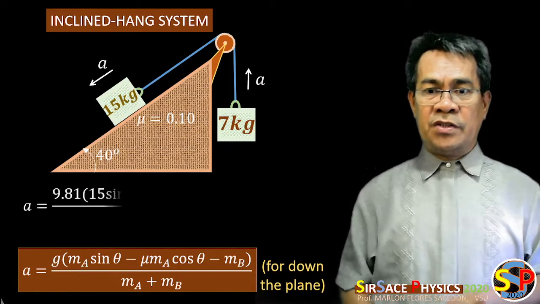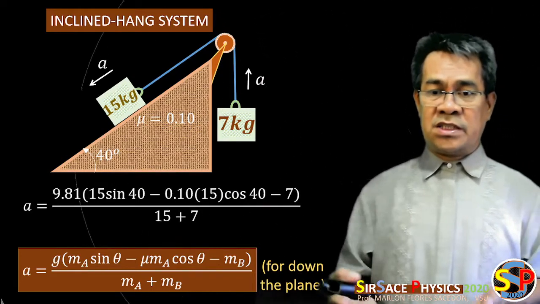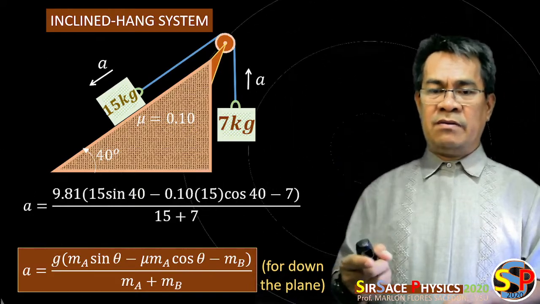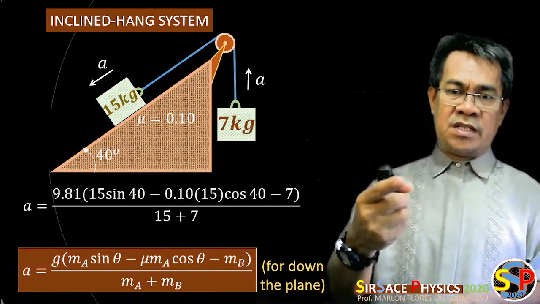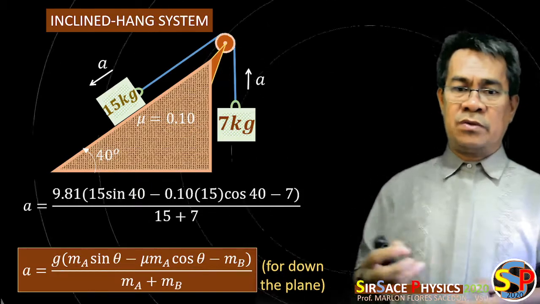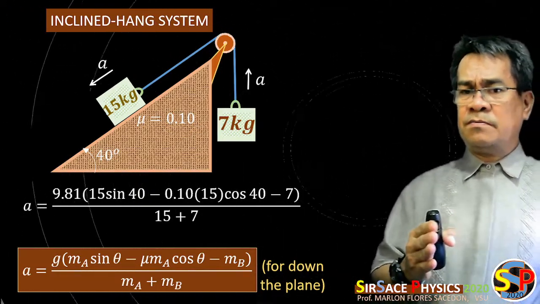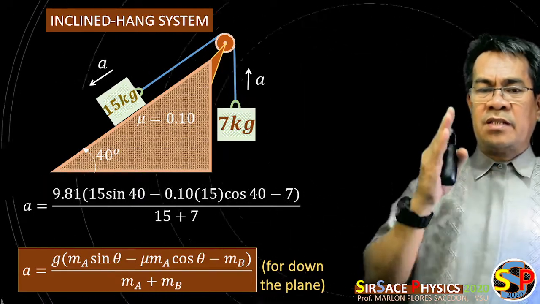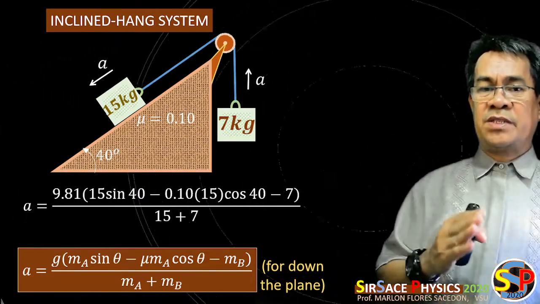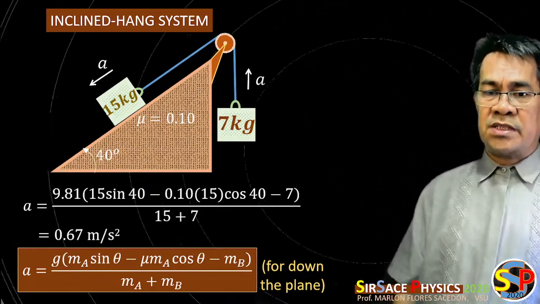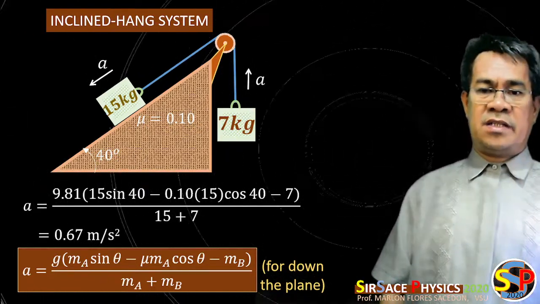So all you need to do is recompute using this revised formula. So 9.81 times 15 sine 40, minus 0.2, the coefficient of kinetic friction, times 15 times cosine of 40, minus 7, divided by 15 plus 7, and the answer is 0.67 meters per second squared.